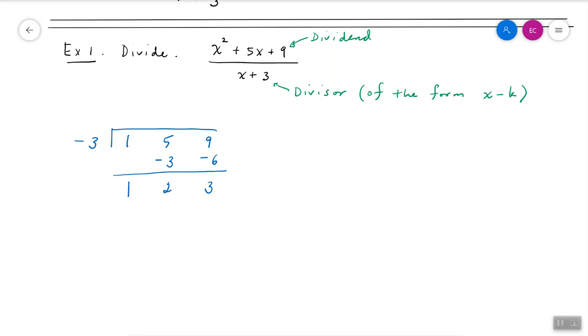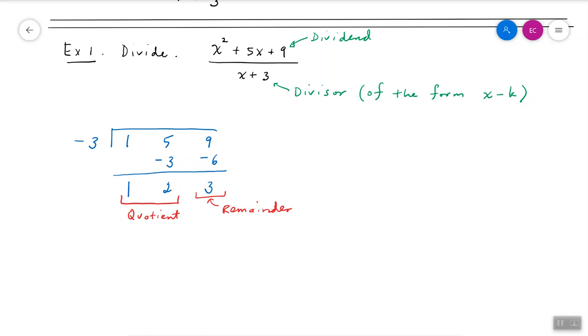And so the key is to first pull off this last number and know that that's the remainder. And then everything in front of the remainder is the quotient.